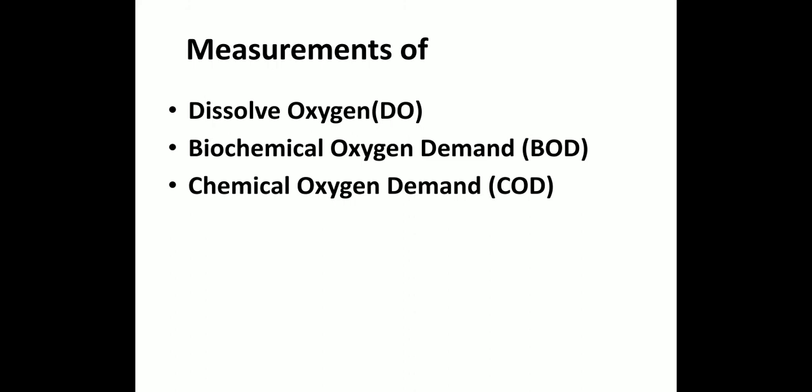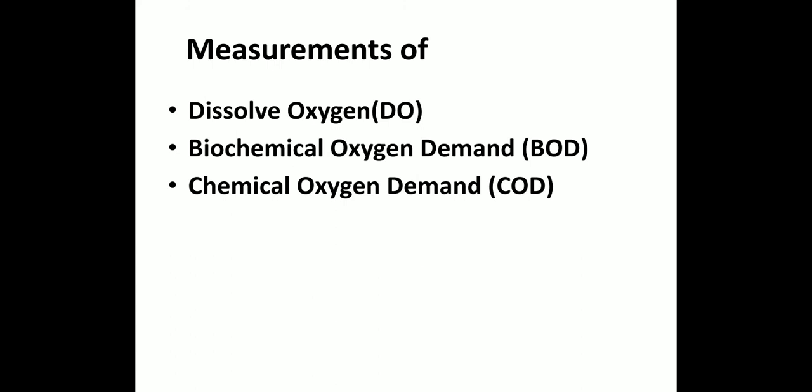Then our next slide is measurements of all this. In biological properties, there are mainly these three: DO, dissolved oxygen, biochemical oxygen demand, and chemical oxygen demand.